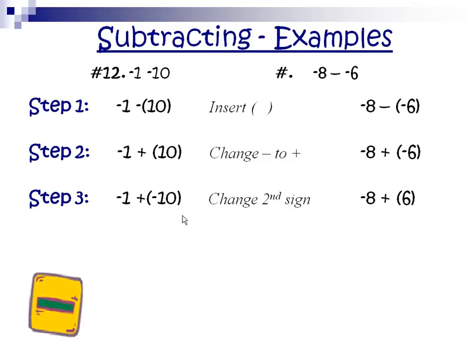So now notice that both of these are addition problems, so we're going to follow the rules for addition. Negative 1 plus a negative 10 is negative 11, and negative 8 plus 6 is negative 2.